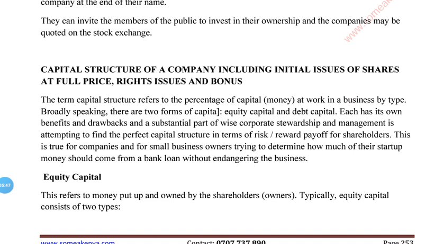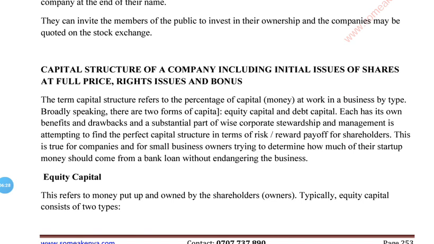Equity capital is where you have the shareholders' equity, or what the business owes the shareholders, while debt capital is what the company owes outsiders. Each has its own benefits and drawbacks, and a substantial part of wise corporate stewardship and management is attempting to find the perfect capital structure in terms of risk and reward payoff for shareholders.